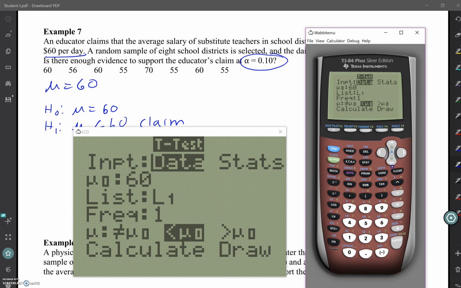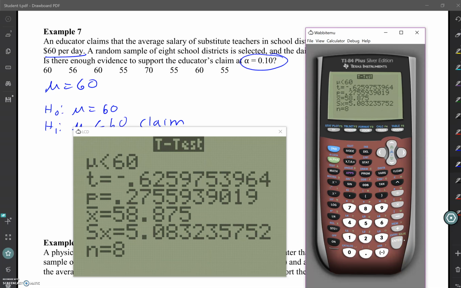It's kind of confusing, but it is always the middle one for a less than test, and the far right is your greater than test. Does everybody find this? It's the data, because it won't let you put a list in unless you tell it you have data. And then we're going to enter and see what it gives us.